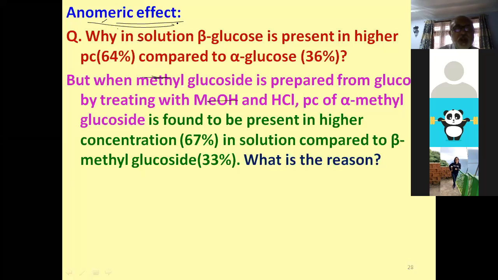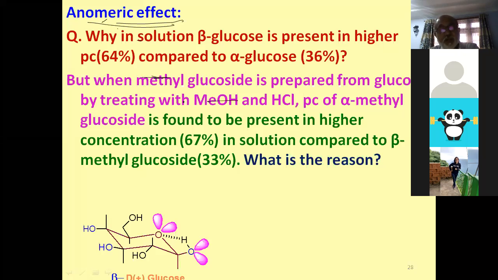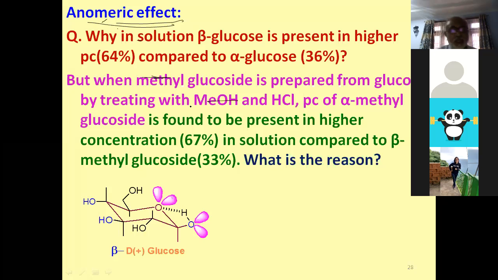This phenomenon is called the anomeric effect because it is happening with the anomeric carbon atom and the anomeric OH group. Now you see here, beta glucose is present because this OH group is in the equatorial position. This is one aspect. But these two lone pairs of electrons are also there.